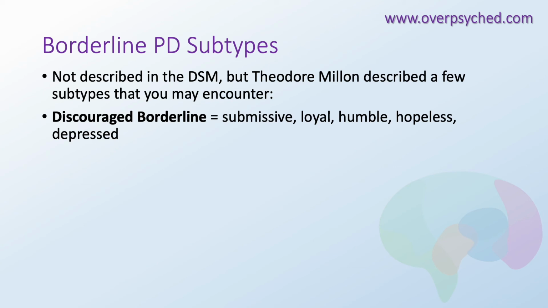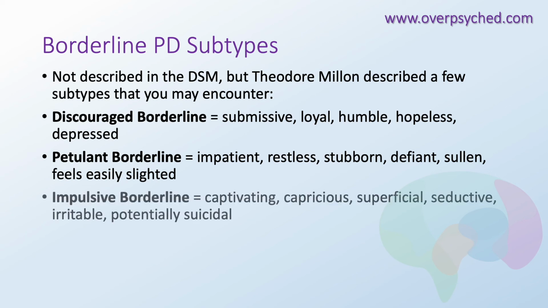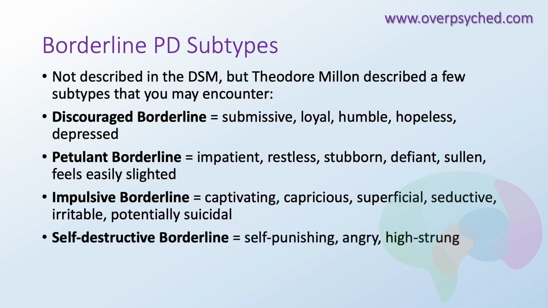Next is petulant borderline, and these individuals are impatient, restless, stubborn, defiant, sullen, and feel easily slighted. Then there is impulsive borderline, who are captivating, capricious, superficial, seductive, irritable, and potentially suicidal. And finally, there is self-destructive borderline, and these individuals are self-punishing, angry, or high-strung.